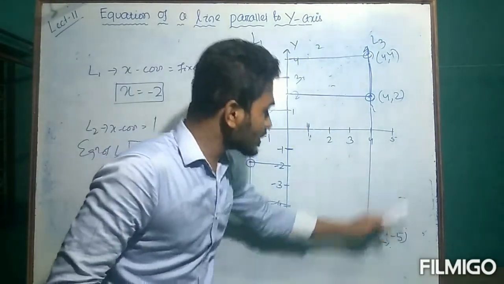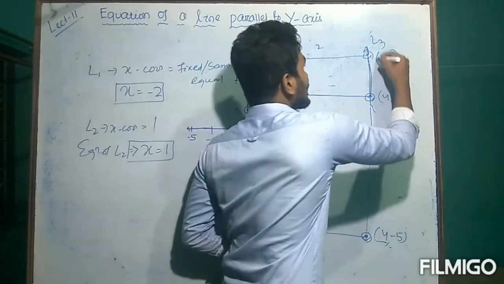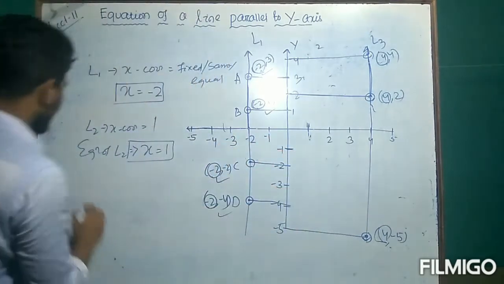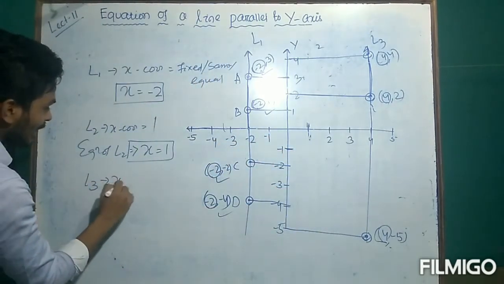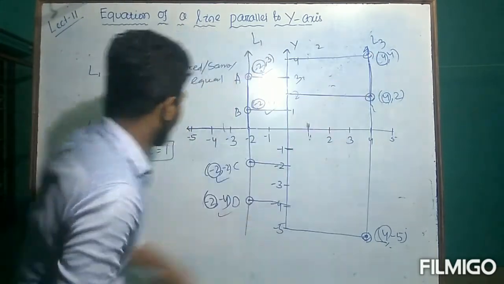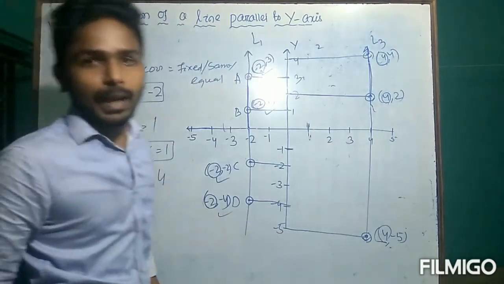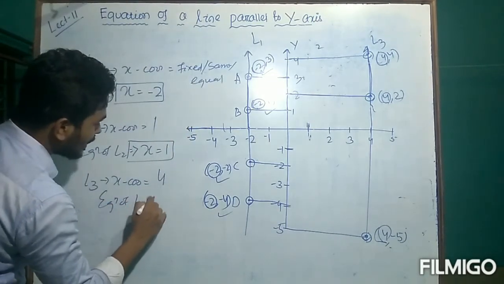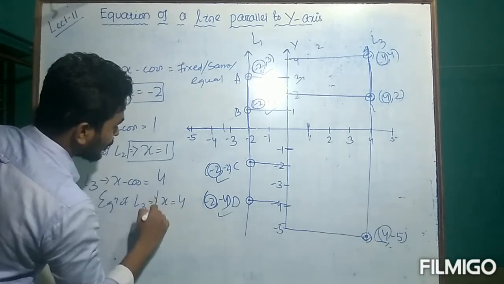So in all these 3 points you can see a similarity, that their x coordinate is fixed. So for the line L3, the x coordinate is fixed, and it is equal to 4. Hence the equation of line L3 is x equals 4.